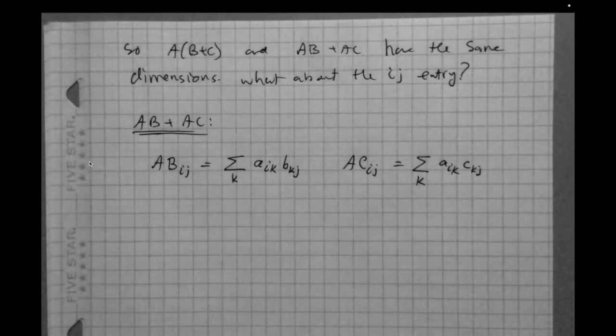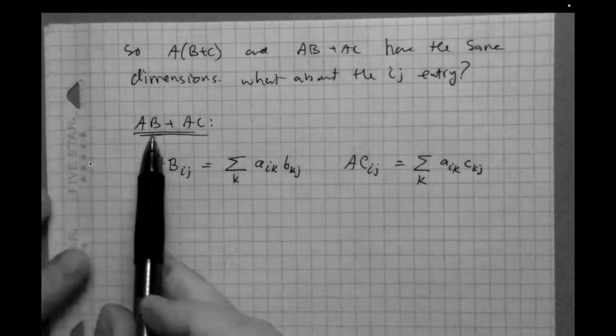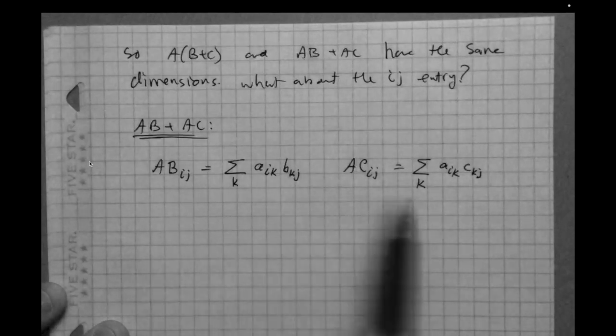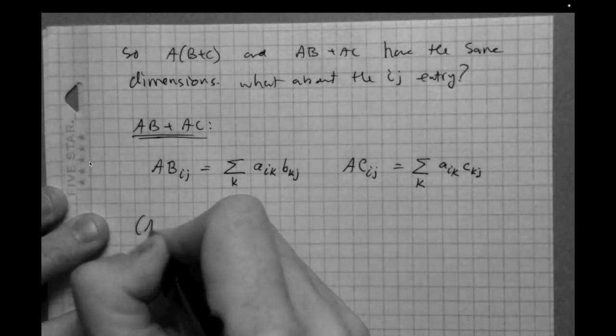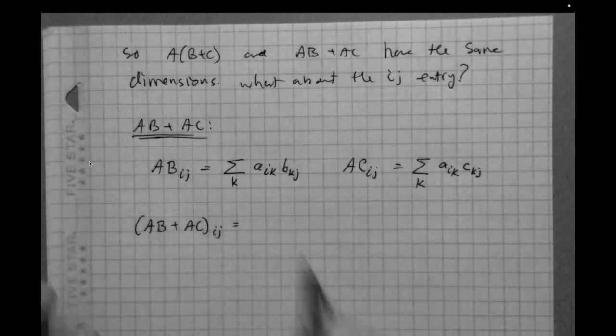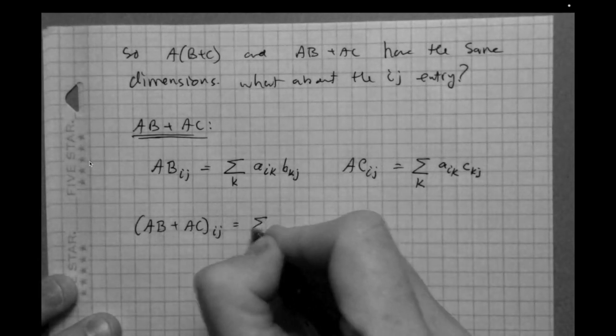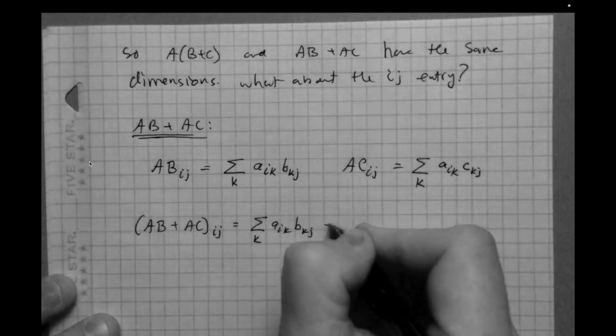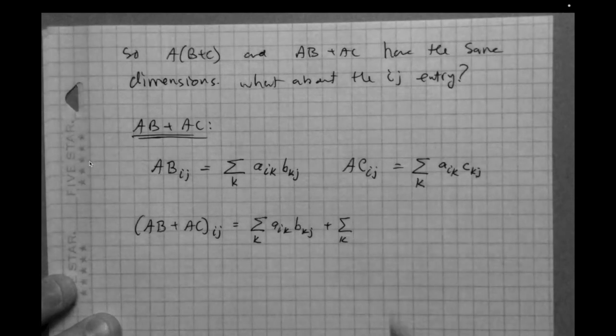And so then obviously, if I add the two matrices, we know that that is component-wise, so that's just adding the ij entry from AB to the ij entry from AC. And so if I take AB plus AC, the ij entry there is just going to be the sum of these two. Right, just like this.